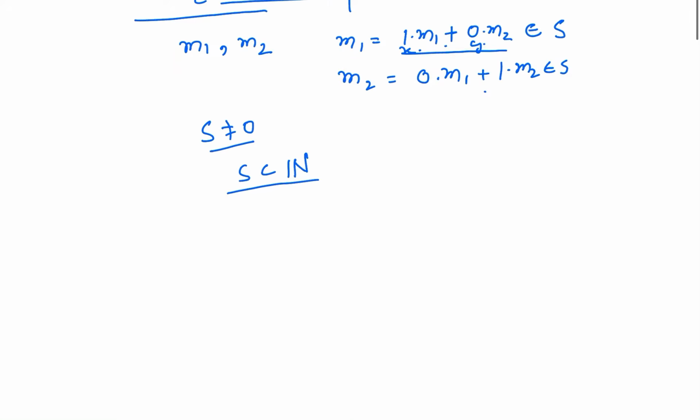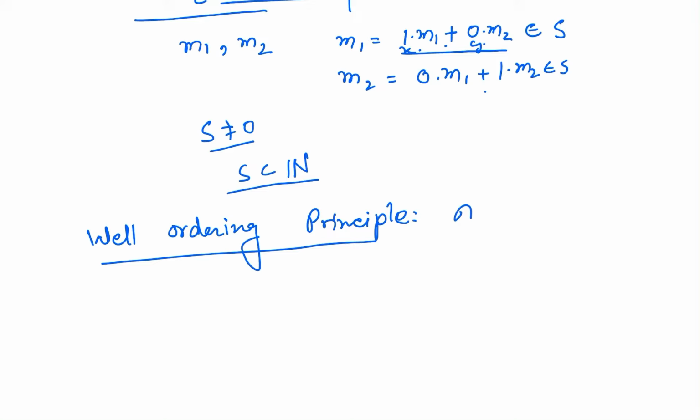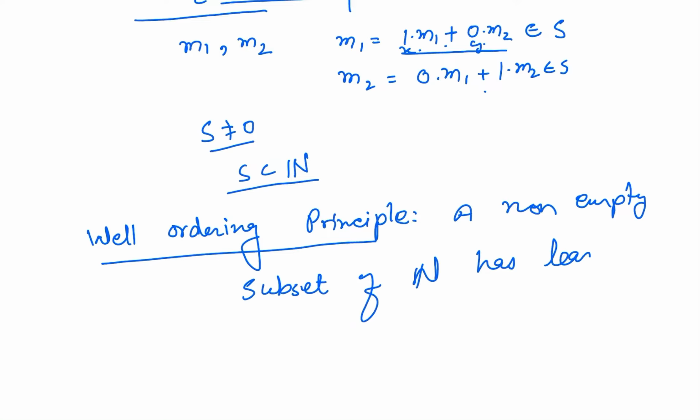So we apply the well ordering principle. It says that a non-empty subset of natural numbers has a least element.